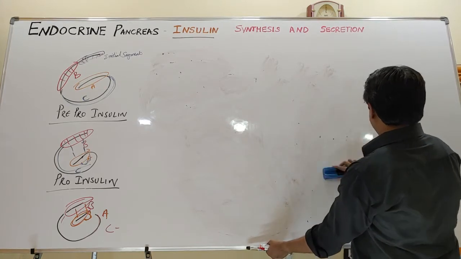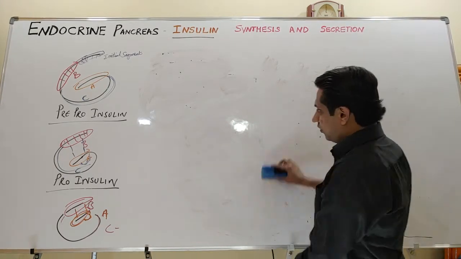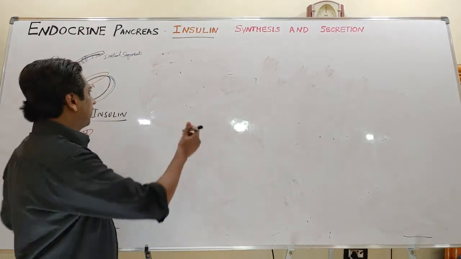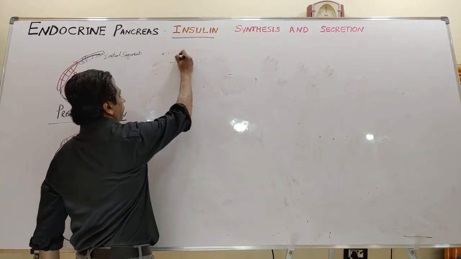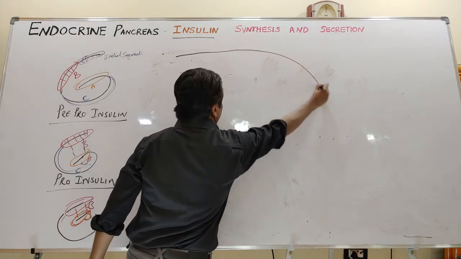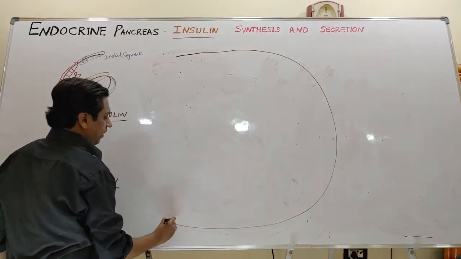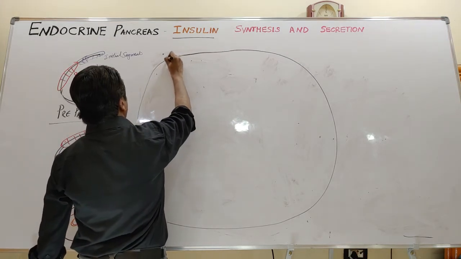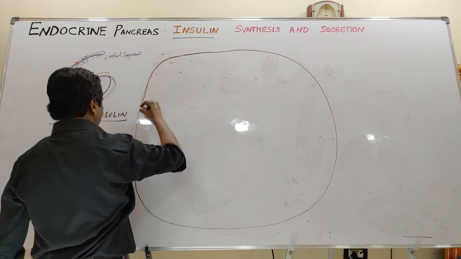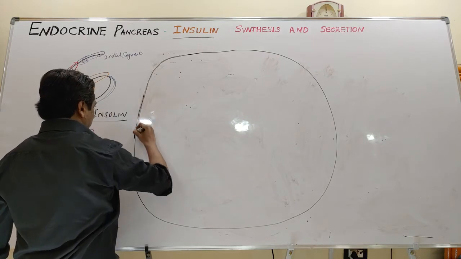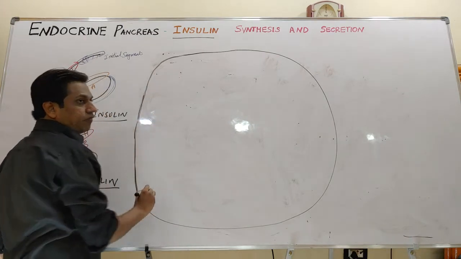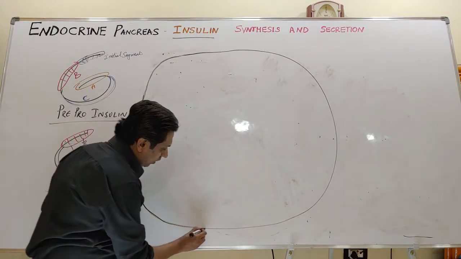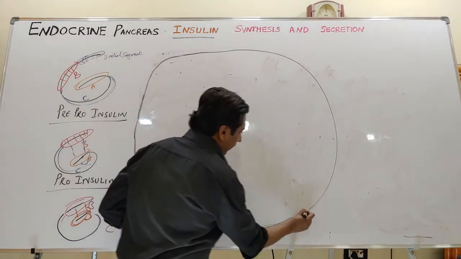Consider this as a beta cell of the islets of Langerhans.